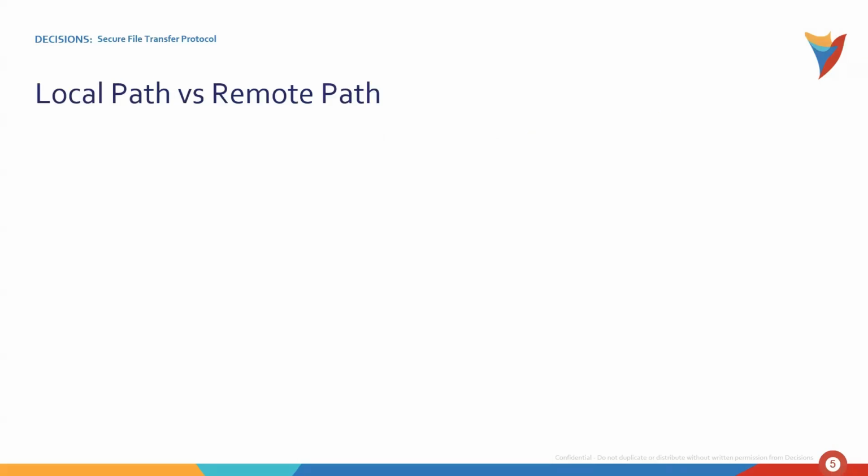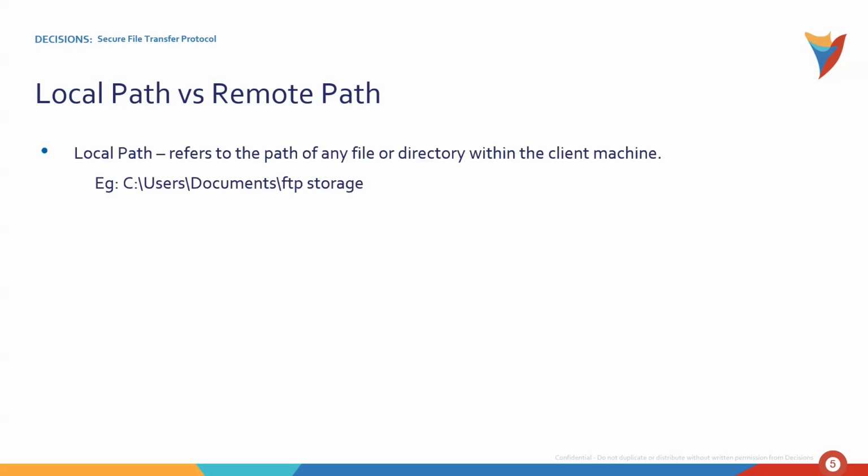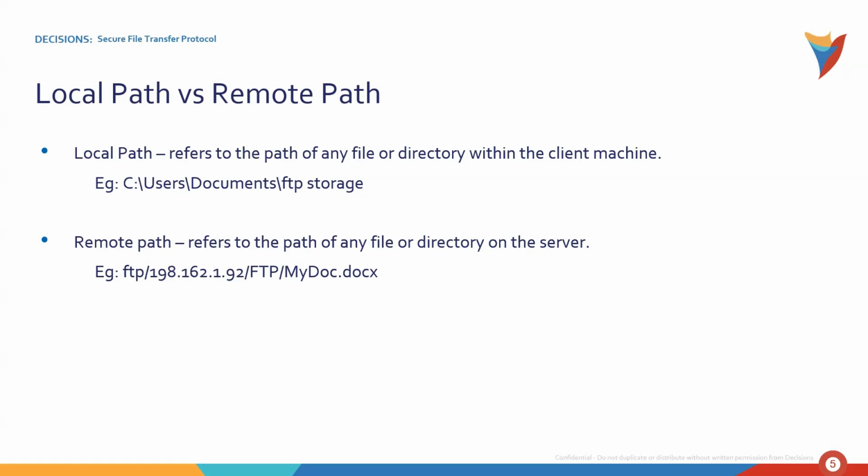Now let's look at what a local path and a remote path are. Local path refers to the path of any file or directory within the client machine. For example, the local path usually starts with a directory like C, navigating through users, documents, and FTP storage. Remote path, on the other hand, is any file or directory on the server, which starts with a protocol like FTP, followed by the host name.